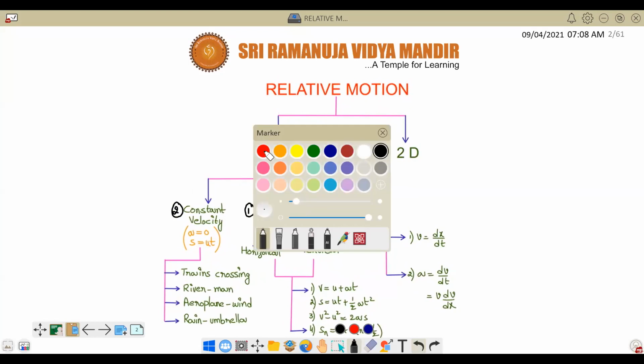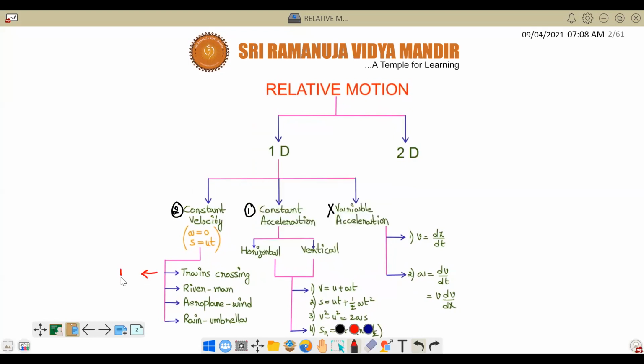Slowly we'll move into two dimensions. With the trains crossing model, we are going to finish one dimension, and then we'll see two dimensions, and then we'll go into projectiles also. There is a relative motion concept in projectiles also. So let's begin today with trains crossing in one dimension.